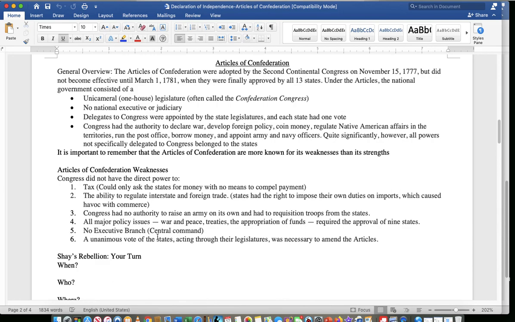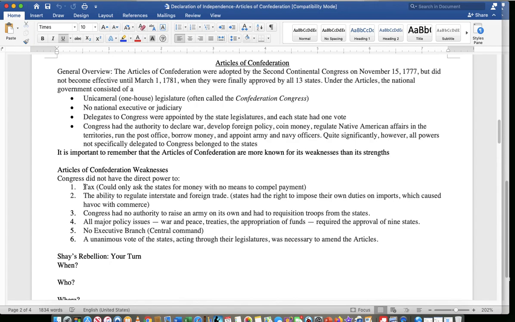And one of the skills that I was going to have you do for class is, okay, why is the weakness of not being able to tax a bad thing? And you could say, well, wow, you couldn't raise any money, you couldn't provide any services because you had no money, you couldn't pay for an army.